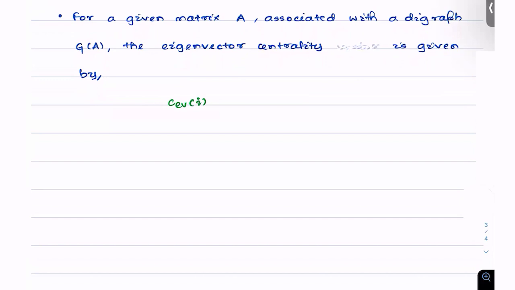The eigenvector centrality score of the ith node is given by C_EV(i) equals some term alpha times the summation over j going from 1 to n of a_ji times C_EV(j).